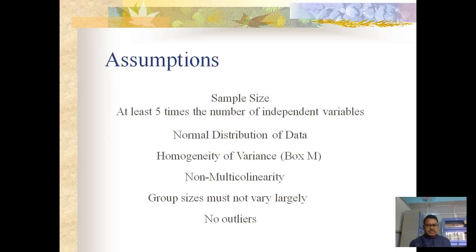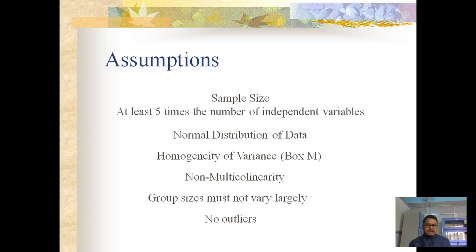The second assumption that we need to meet is normality of the distribution of the data. It says that we have to have mean, median, and mode almost equal. Because it is a parametric test, that assumption will always be there.